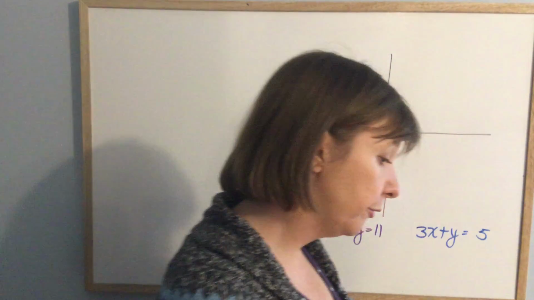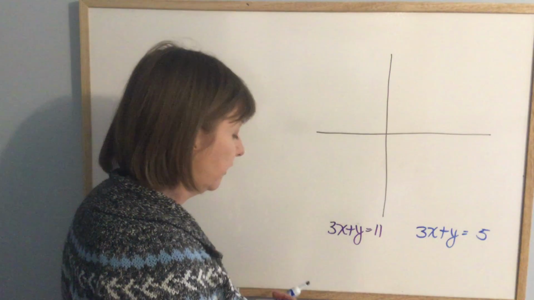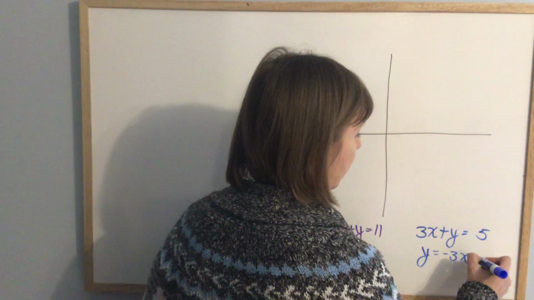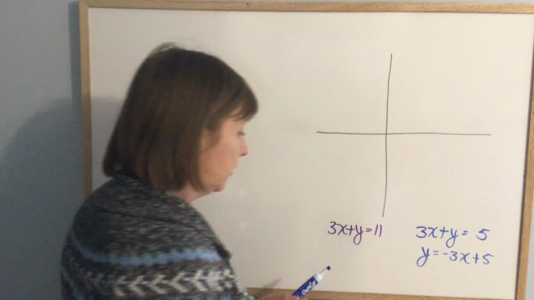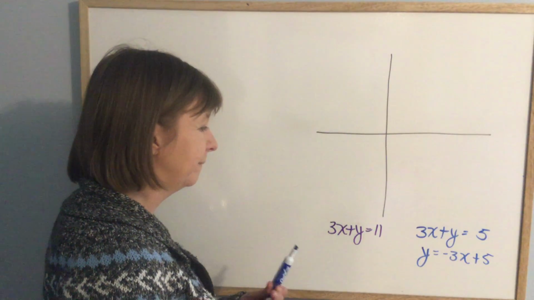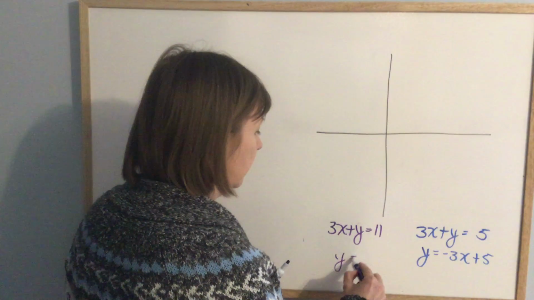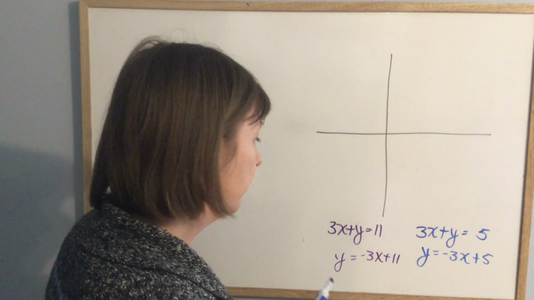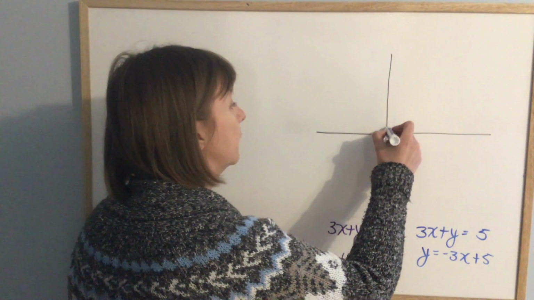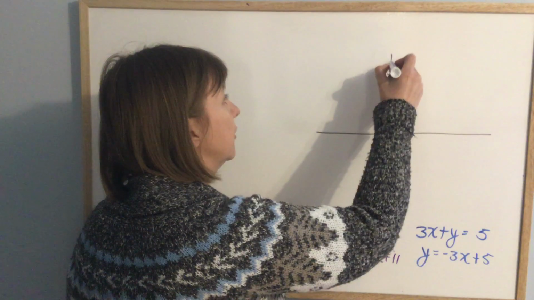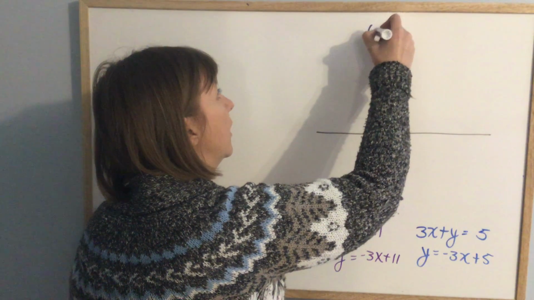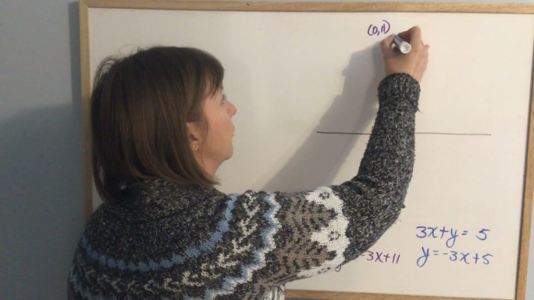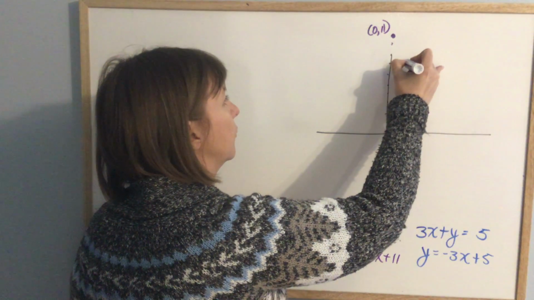So, number 42, these are the two equations that you're given. The first thing I would do is make this negative 3x plus 5, and make this one negative 3x plus 11. If I was graphing them, this one has a y-intercept at 0 and 11, and the slope is down 3 and over 1.